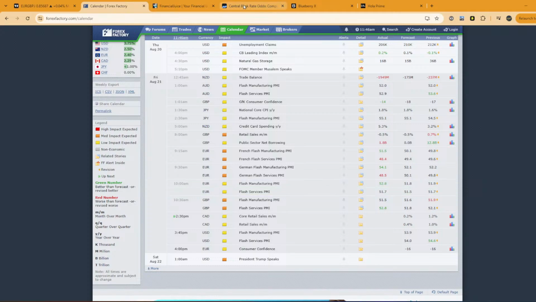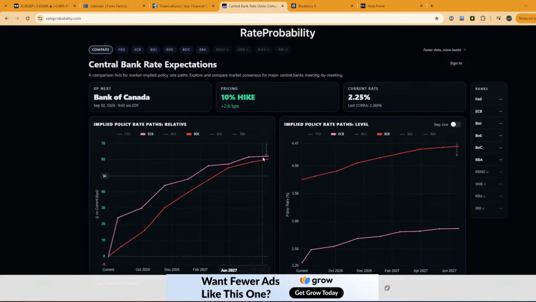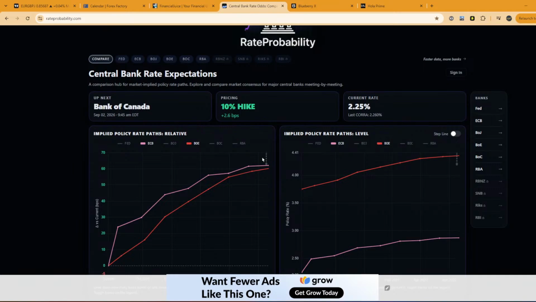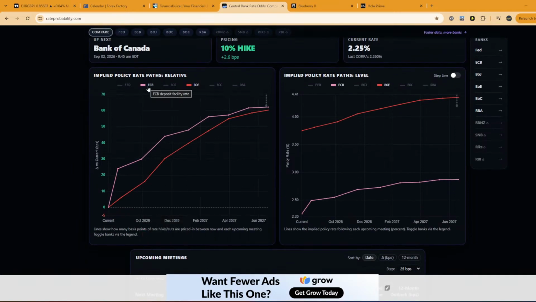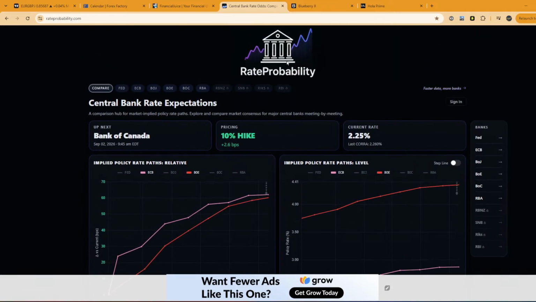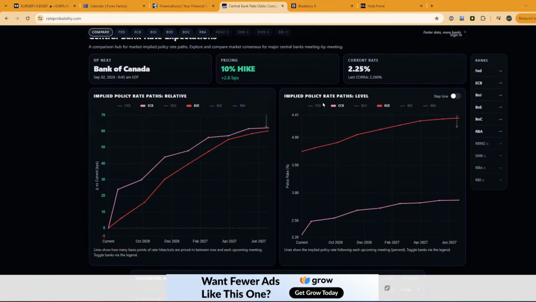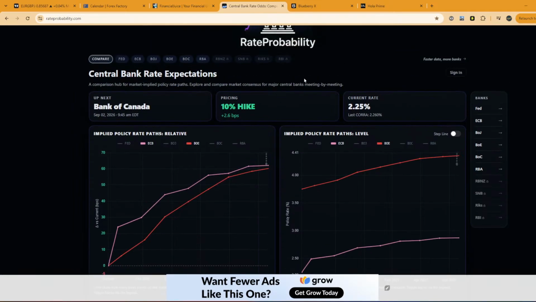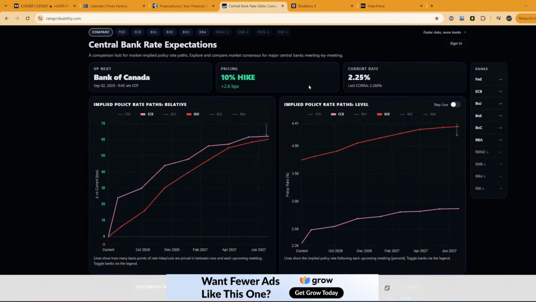So my analysis will be more focused on fundamentals, the expectation and probability of rate hikes. I like to use the website rateprobability.com, or you can find it on other sites, whatever tools you are using to analyze this. You can even use Trading Economics.